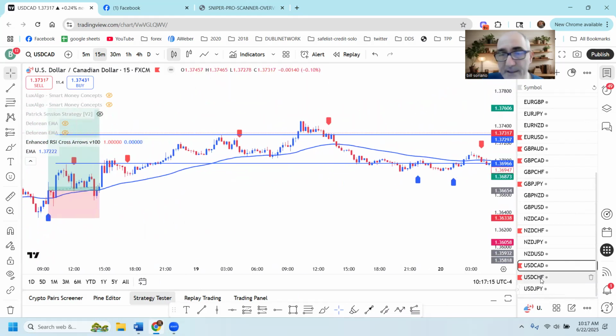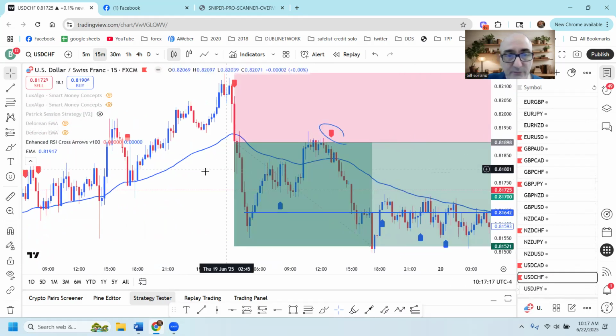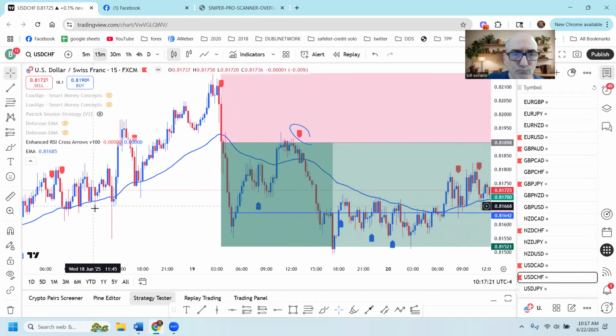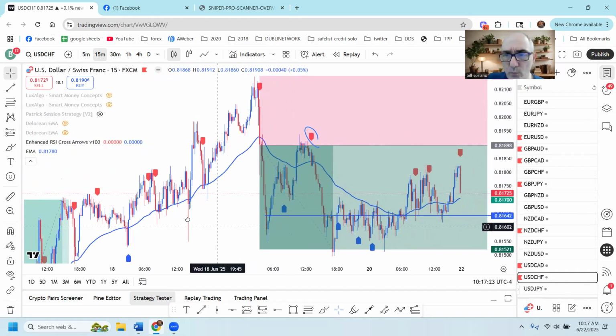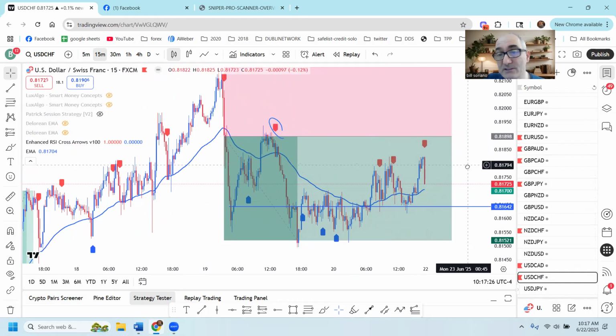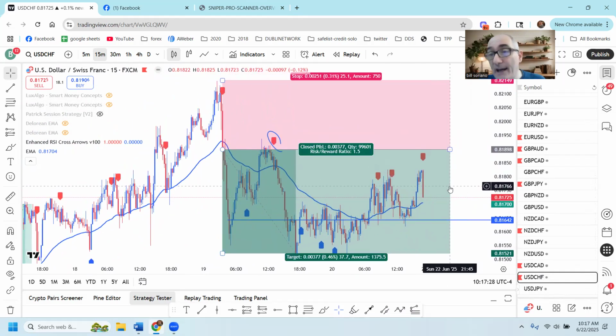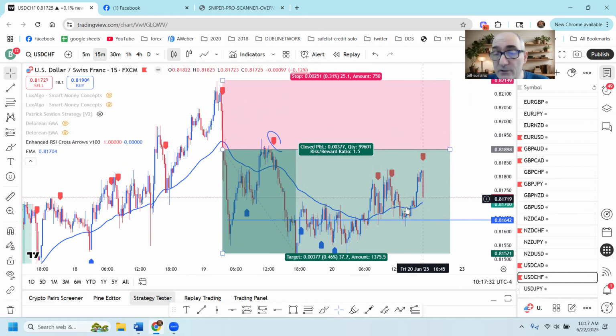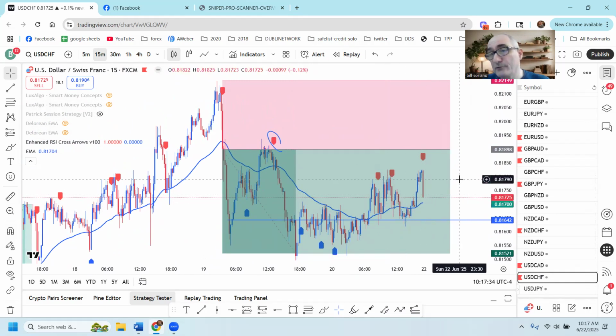And then the last one here is USD CHF. We have this one here, which unless we close this trade because it's a Friday, if that's in your trade plan, then you would have to close this trade at some point after 2 p.m. Eastern time or 3 p.m. Eastern time. And if you do that, you would close in profit.